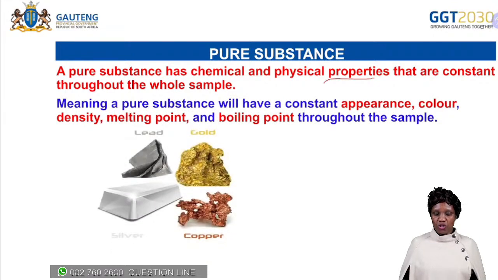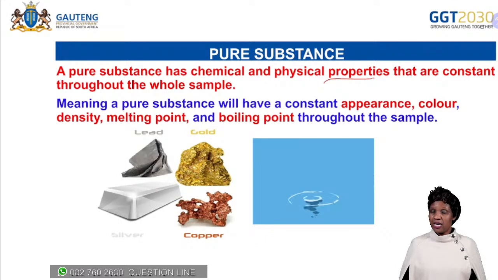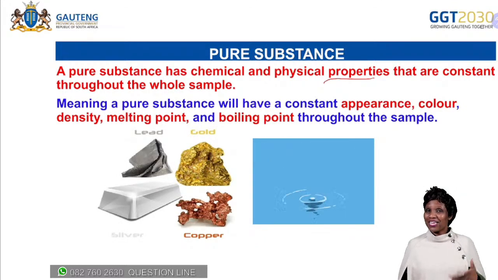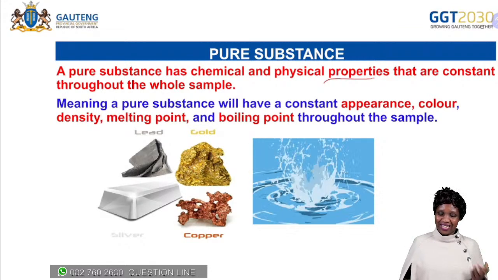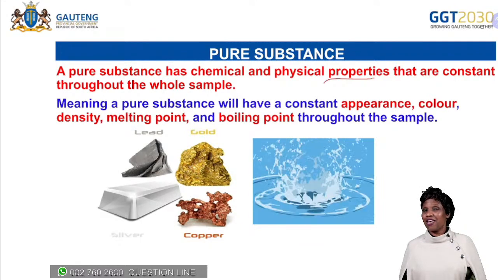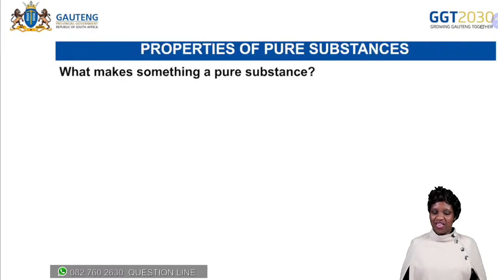Okay, we've got examples there. We've got different compounds. We've got different elements. We've got lead, we've got gold, we've got silver, we've got copper, and we also have a compound that is water. And then the properties of pure substances, what makes something a pure substance?